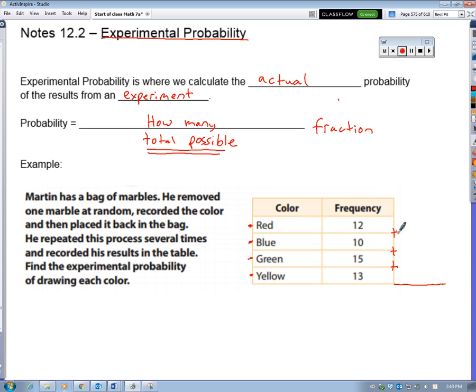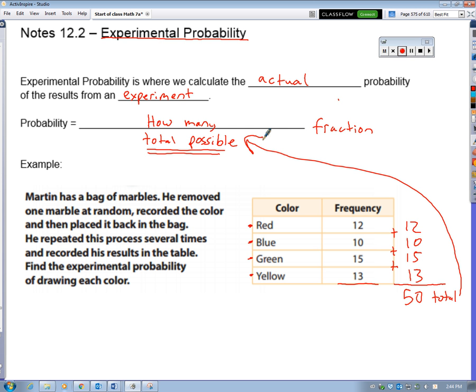So we add these all together: 12, 10, 15, 13, and you could have added them right here. I wrote them off to the side. If we add those all up, we get 50. That's going to be our total possible, because he drew marbles out 50 times.